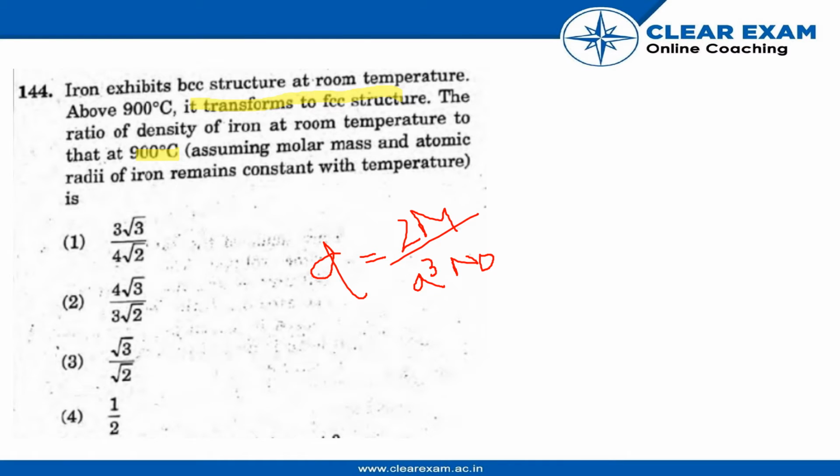So for BCC we know that Z is 2, and for FCC similarly we know that it is 4. It is 2 for BCC, it is 4 for FCC.